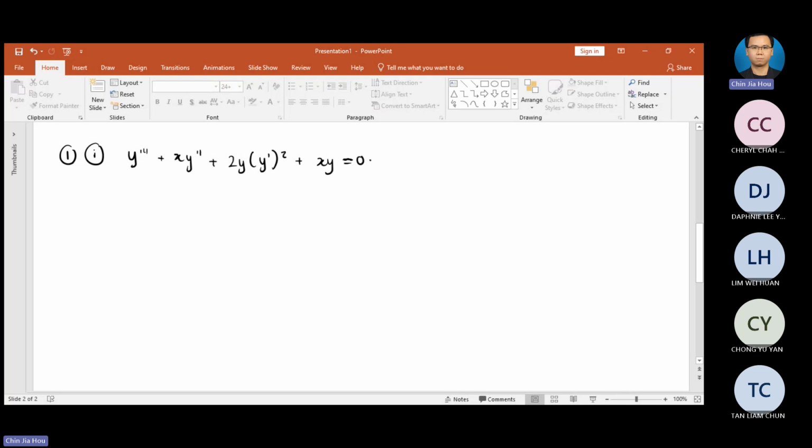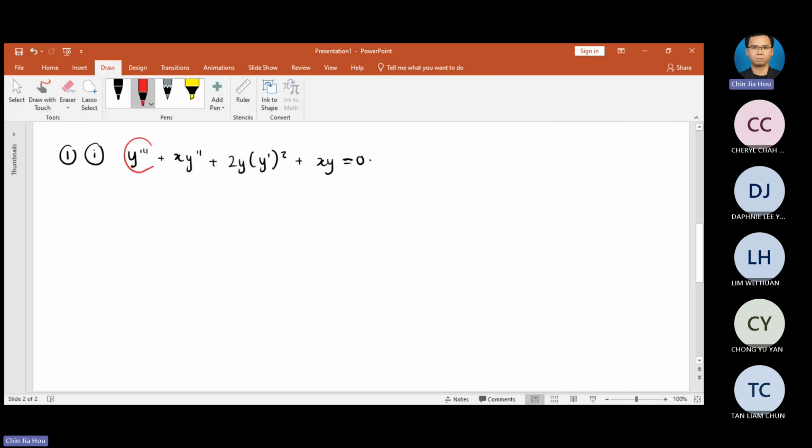When it comes to order, it should be the highest derivative. We can notice that the highest derivative is this, so order equals 3. When it comes to the degree, you look for the power of the highest order derivative. In this case, the power is 1. Done.